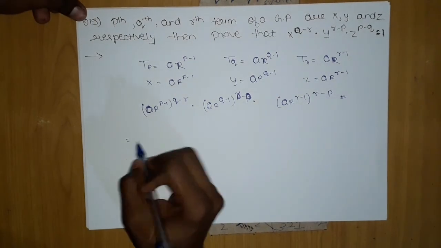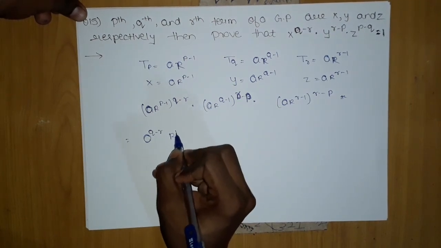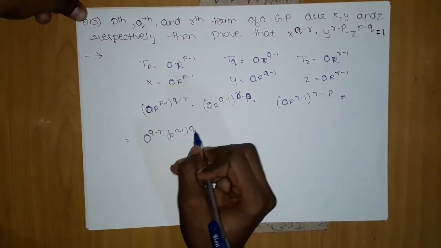Now for a, it will be a to the power q minus r, and R to the power p minus 1 into q minus r.